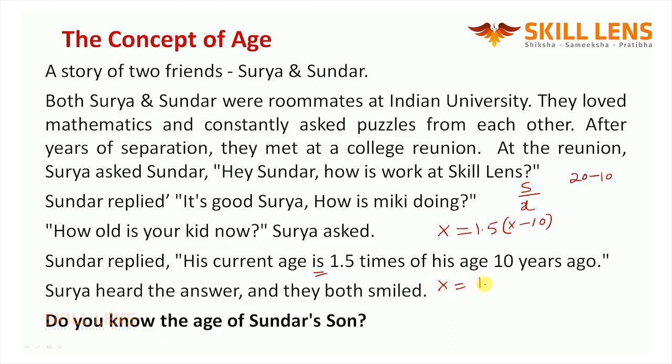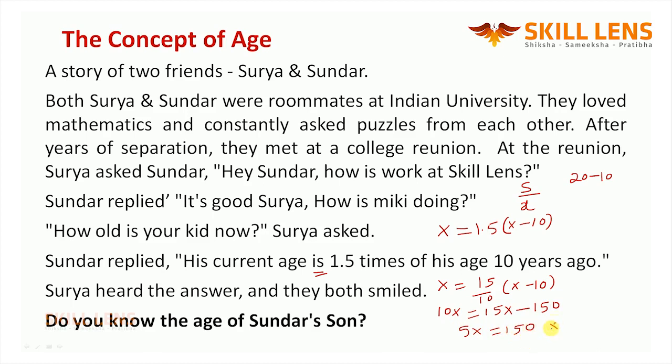Just calculate this. X is equal to 15 by 10, times X minus 10. So can I write 10X is equal to, if you open the bracket, 15X minus 150. If you rearrange, can I write 5X is equal to 150.